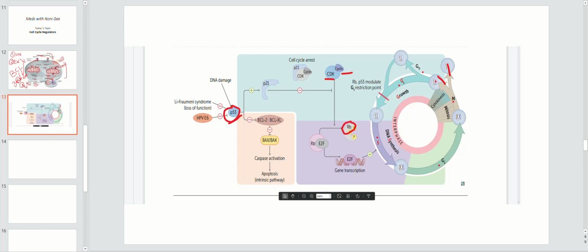P53 and retinoblastoma are tumor suppressor genes, and cyclin and cyclin dependent kinases also check. What cyclin and cyclin dependent kinases do is they are activated or inactivated depending upon the situation, deciding whether this cell should undergo progression or apoptosis, and their check is balanced by P53 and retinoblastoma.